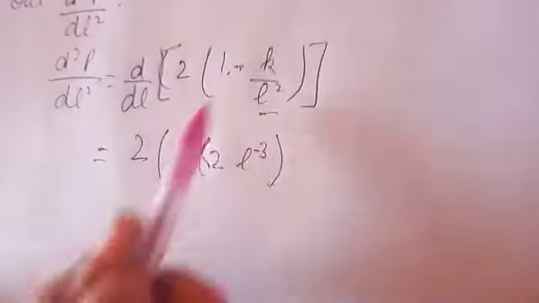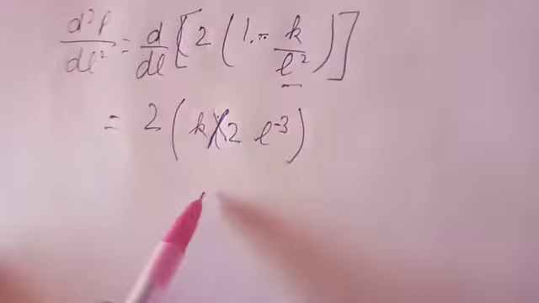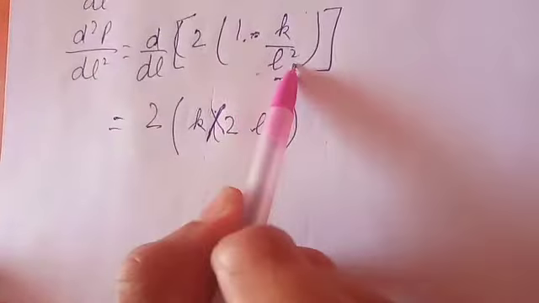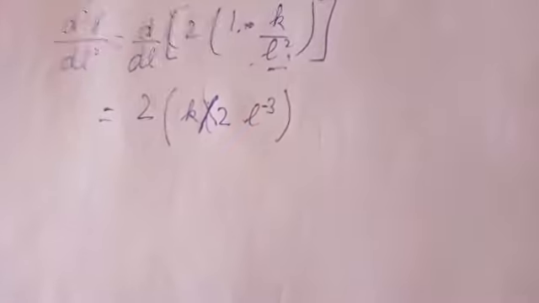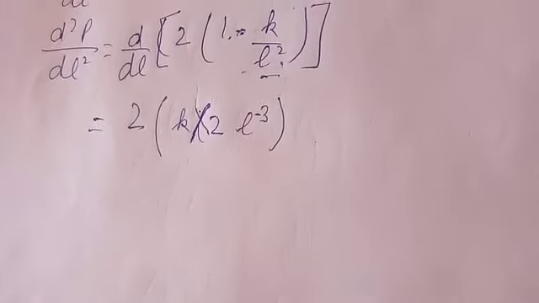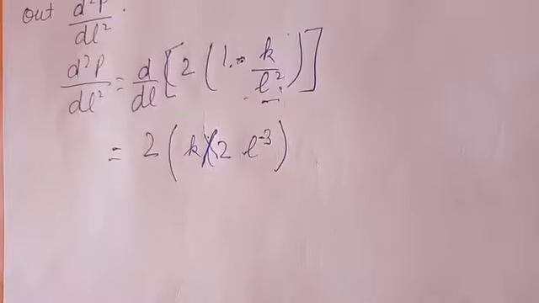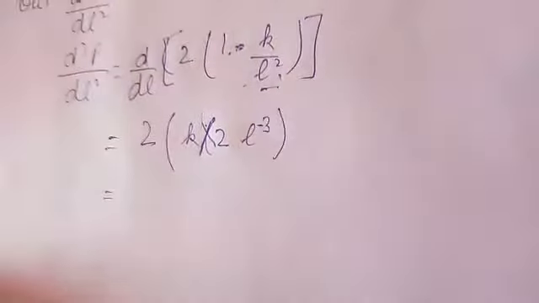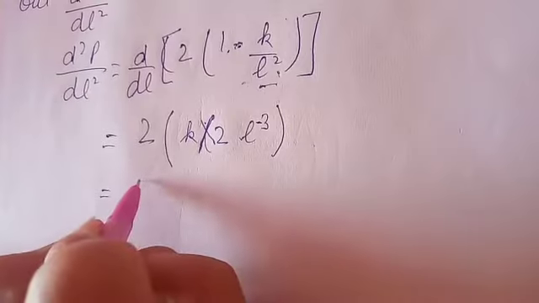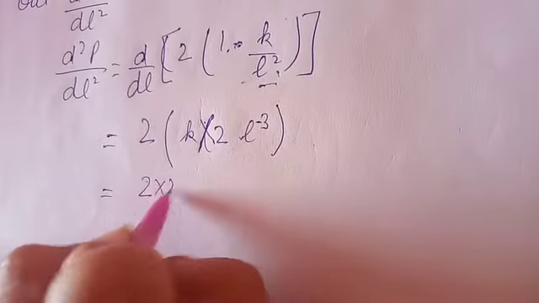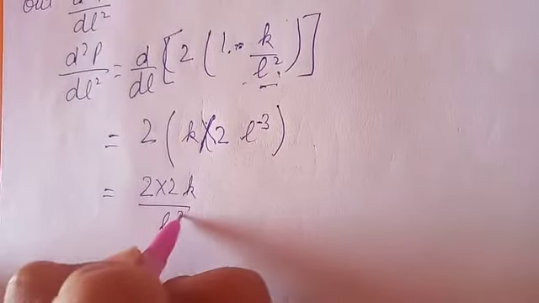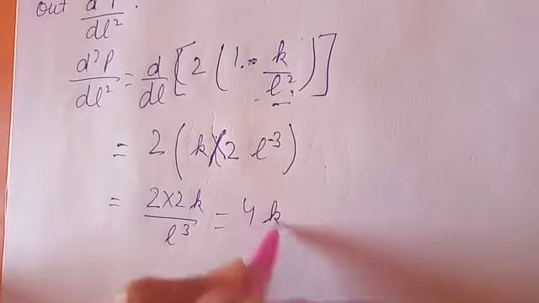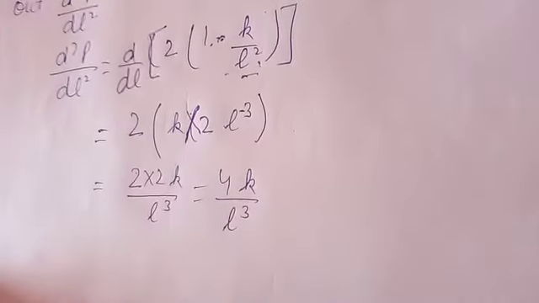Okay, why are we not using a minus sign here? Because one negative was already there, and when we solve the differentiation of 1 by L square, we will get another negative, and negative becomes positive. So at last I got my d square P by dL square as 2 into 2K by L cube. That means 4K by L cube.